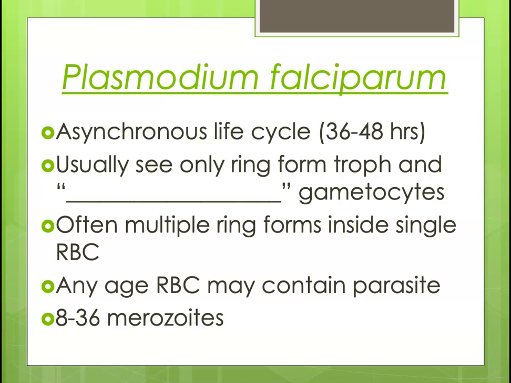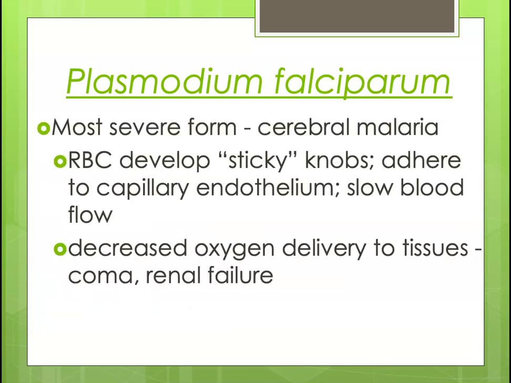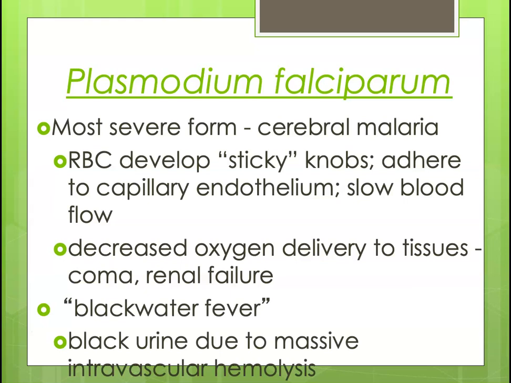They are crescent-shaped or banana-shaped. There are often multiple ring forms inside one RBC. It can invade any age of RBCs, and there's a wide range of merozoites that can be inside each mature schizont, 8 to 36. The patient can also have up to 50% parasitemia. So up to 50% of the red cells could be infected with malaria, which is a huge percentage.